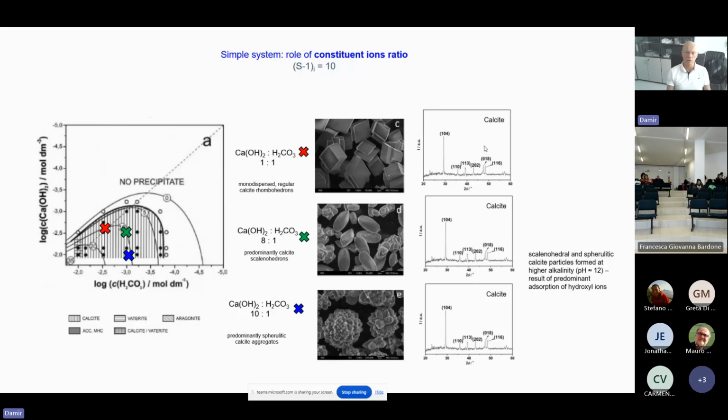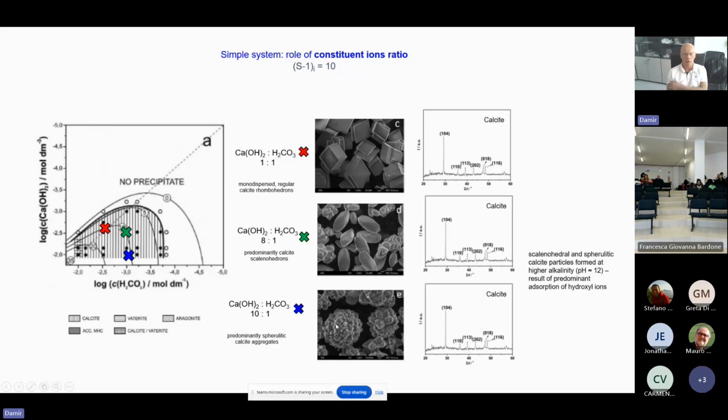But the morphology, which was observed by electron microscopy, shows that in the equimolar region we have regular calcite rhombohedrons. By increasing the calcium concentration, we observe this shape of crystal. We call it scalenohedral crystals, and you can probably remember they are a less stable morphology.